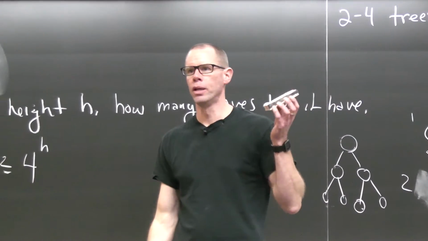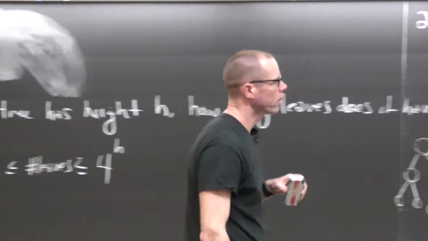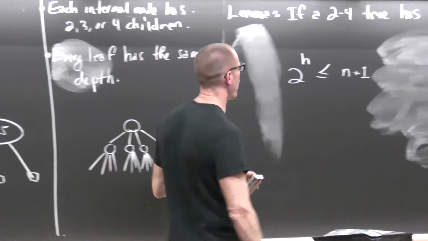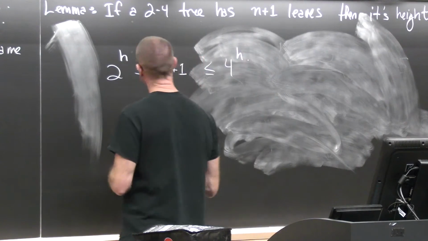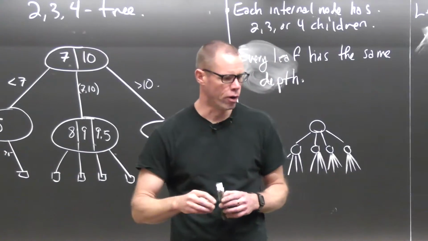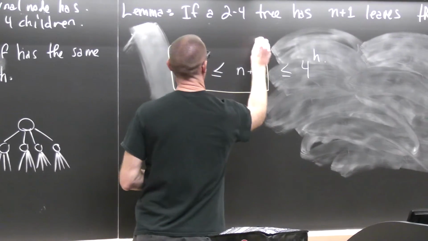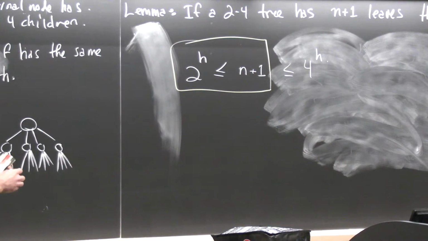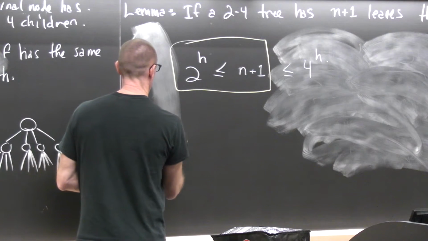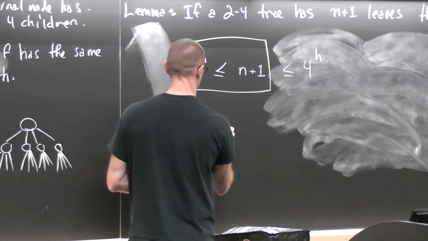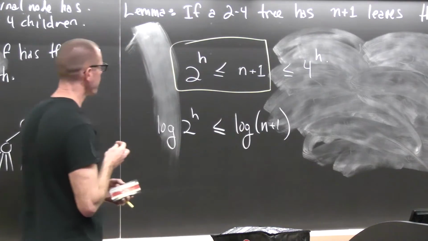Otherwise, we're going to have more than n plus 1 leaves in our tree, because 2 to the h is at most the number of leaves in our tree. And on the other side, less importantly for us, n plus 1 should be less than or equal to 4 to the h. Now, this is the part we're interested in. Another way of saying this is to take logarithms on both sides: the log of 2 to the h is less than or equal to the log of n plus 1.